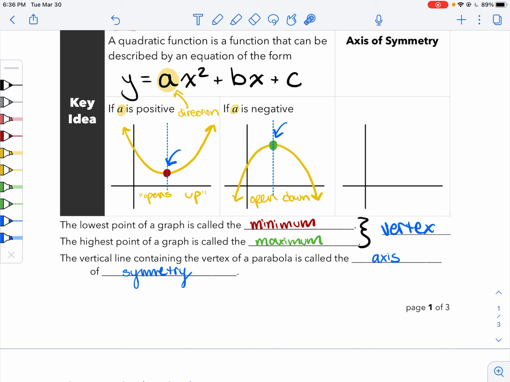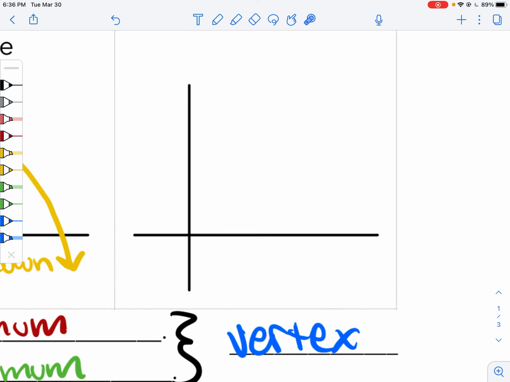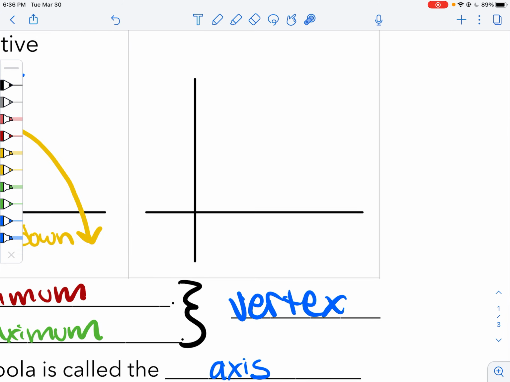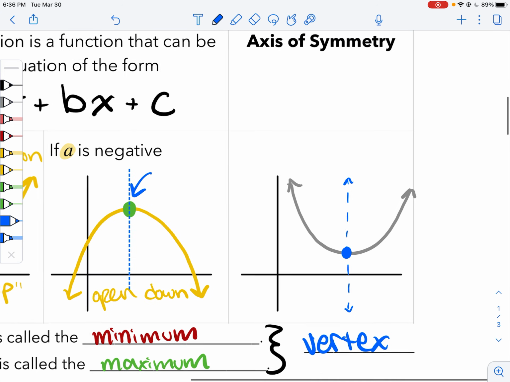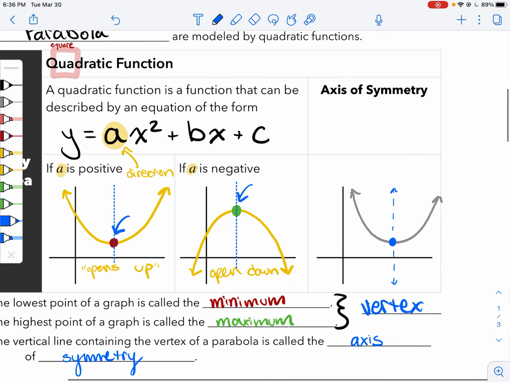Do I need a new picture of that? Yes, I do. So no matter what way your parabola is going, let's draw one that opens up. The vertex will always be on your axis of symmetry right here. And you can find the axis of symmetry using this formula. I'm going to give you the x, and then the y will change, but I'll tell you how to get that later.